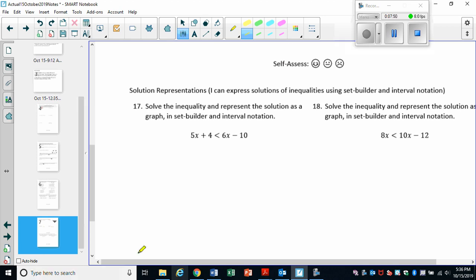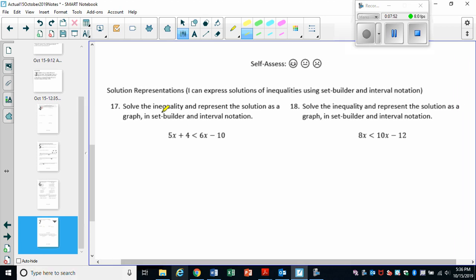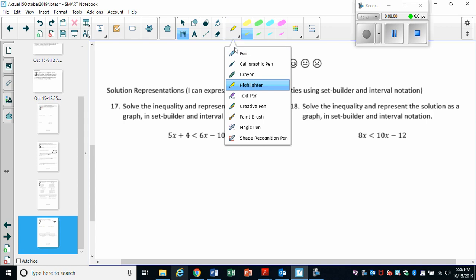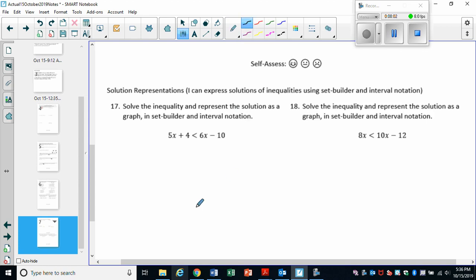17 and 18. So again, solve first, then graph. Your graph will look something like this. You have an x, and I'm not saying this is the solution for either of these, but on the graph you're going to have an arrow left and right.